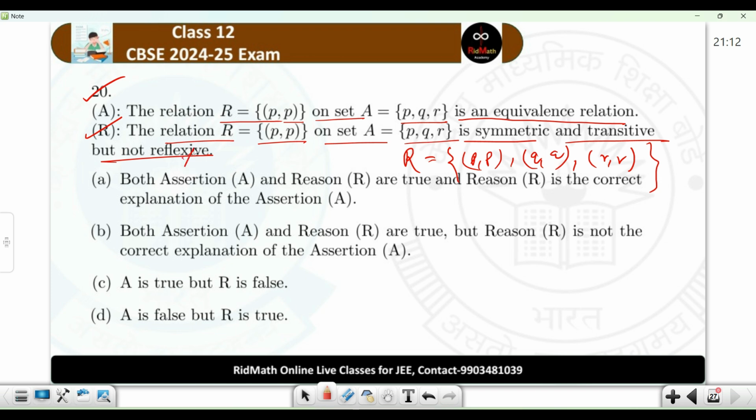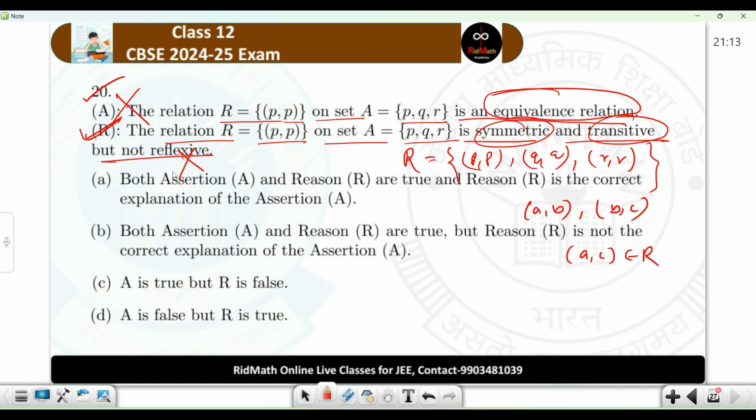So this is not reflexive, but this is symmetric and transitive, because (p, p) is in R, that means symmetric. For transitiveness, if you find (a, b) and (b, c), then you will see (a, c) belongs to R. Here you cannot find such pairs, so this is trivially transitive. So this relation is symmetric and transitive but not reflexive. So that means the reason is correct, and as this relation is not reflexive, it is not an equivalence relation. So the assertion is false. So option number D is correct. A is false but R is true.